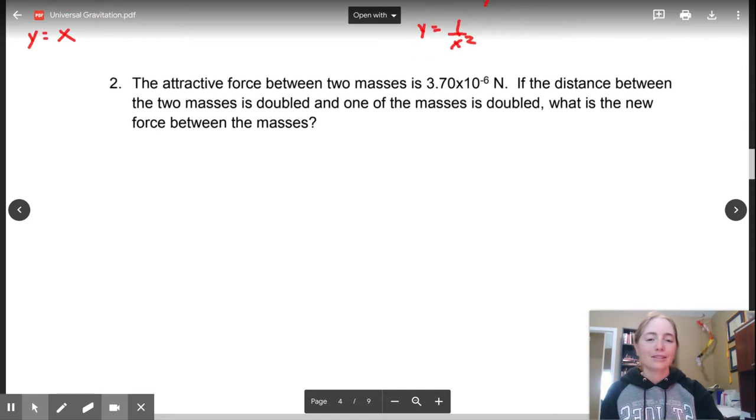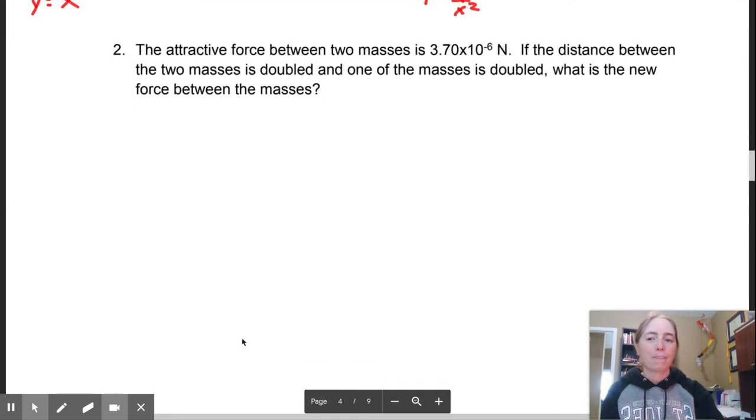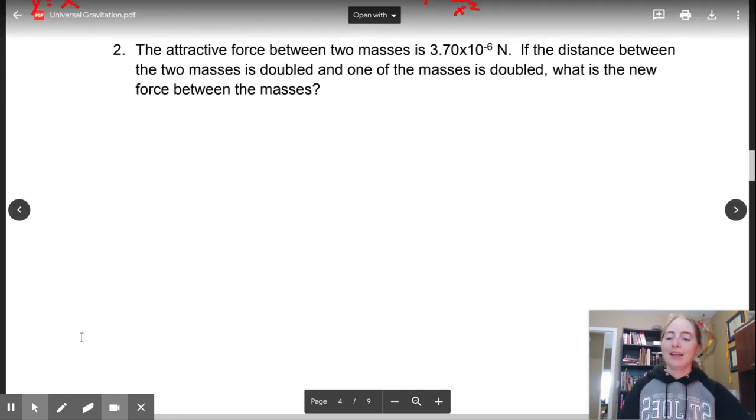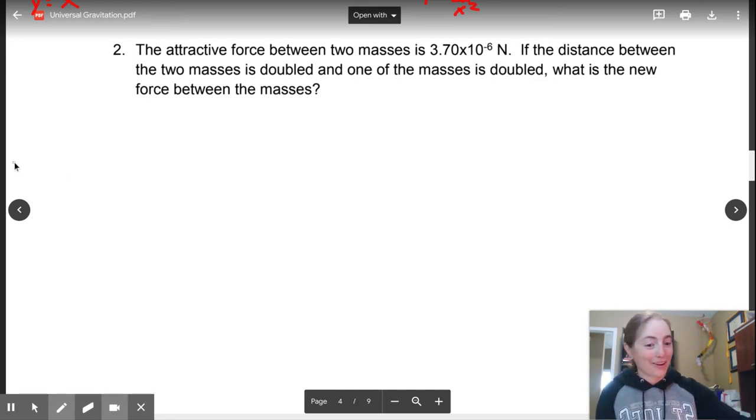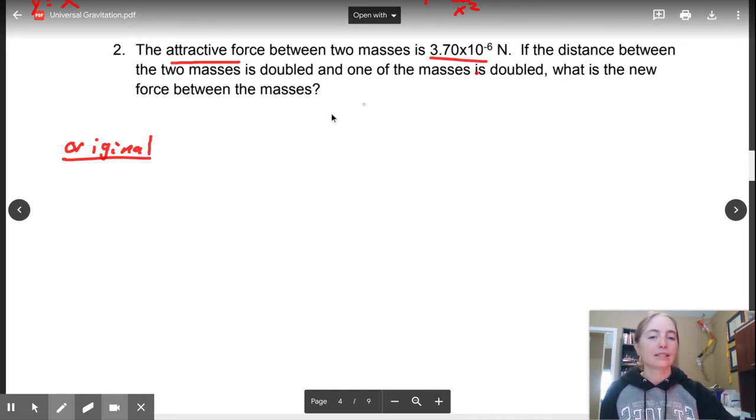So, ladies and gentlemen, ready for some math? All right. Now this one, your favorite, that I like to call math wizardry. Insert groan here. It's where you guys generally groan. Okay. So, the attractive force between two masses is that many newtons. Okay, so that means it's Fg.